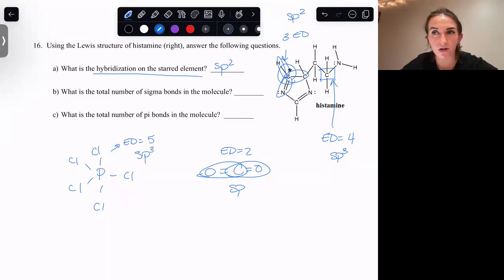Can we do sp4? No, we cannot. So we have to go to the d orbital next, right? So the hybridization on PCl5 is sp3d, and that's 5 total orbitals for the 5 electron domains that we have. Does that help with hybridization?